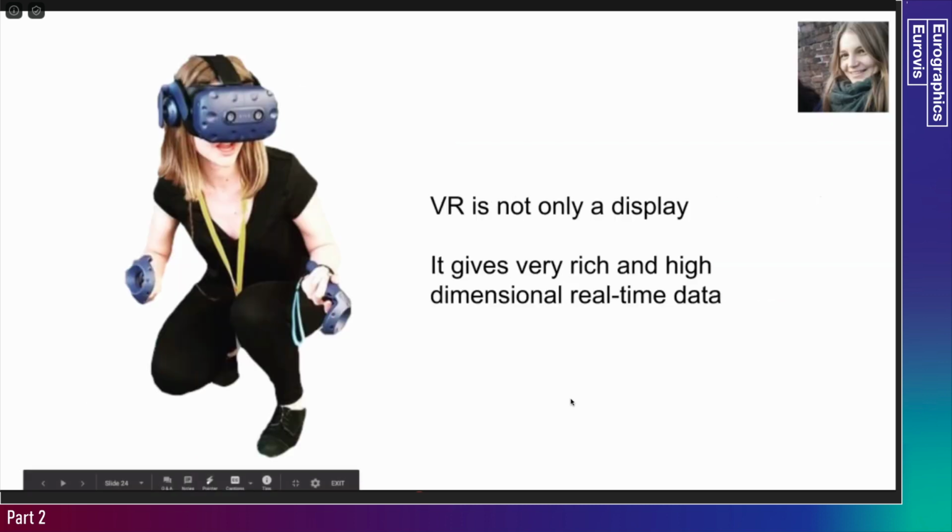I just want to show you the final slides from my part. This is my student Christina in her Vive headset. I just want to say that very importantly, VR is not just a display. It gives very rich and high-dimensional real-time data, which we can use to drive real-time interaction in VR. That's really important because we don't really have best practice for how to do it yet.